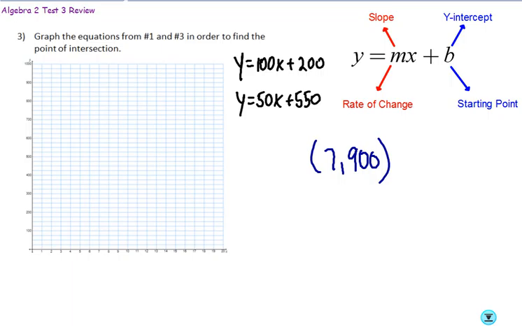This was the equation for Luis, and this was the equation for Cassandra. That's what you got from 1 and 2 on the right, and where they intersect would be that point right there. If you didn't get it, just go back and double check your lines. Make sure you counted the lines correctly, because if you miscounted somewhere, that's what would throw it off.